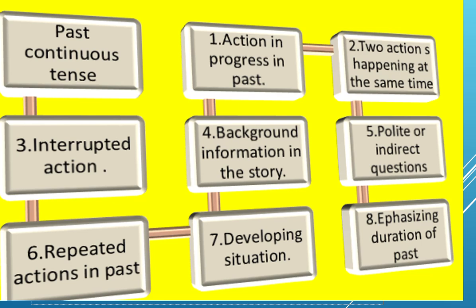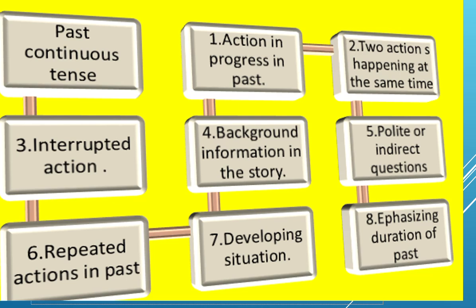Second use of past continuous is for two actions happening at the same time. So, for example, you are narrating a story of two actions that happened in the past at the same time. You will use the past continuous tense. Example: she was reading while he was cooking.